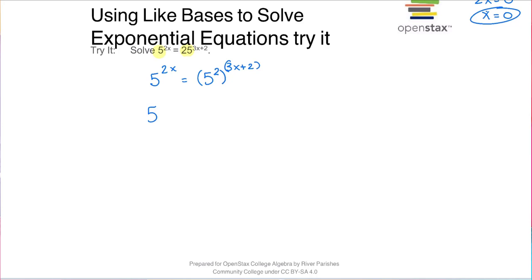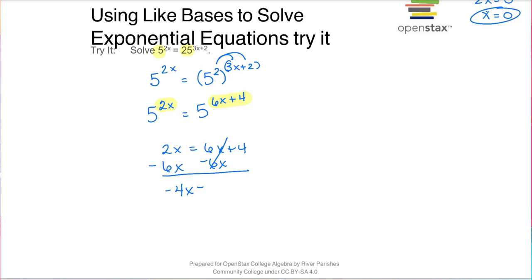So on the left I have 5 to the 2x equals, on the right I'm going to distribute that 2, and I'm going to get 5 to the 6x plus 4. Now I can set the exponents equal to one another because the bases are the same. So I'm going to subtract 6x on both sides, and I get negative 4x equals 4. Divide by negative 4, x equals negative 1.